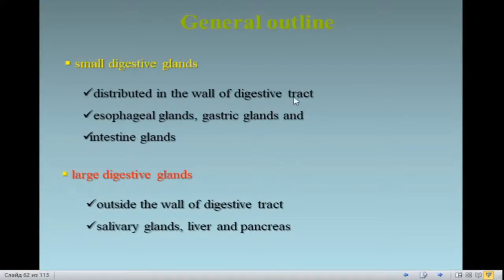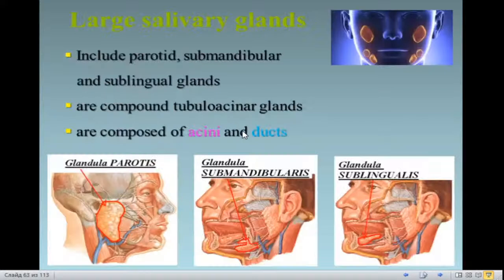About the general outline, I said already, what are they doing and where are they scattered? Now we'll be talking in particular about large salivary glands. I said it includes parotid, submandibular, and sublingual. They are compound tubular acinar glands. So they are composed of acini and ducts.